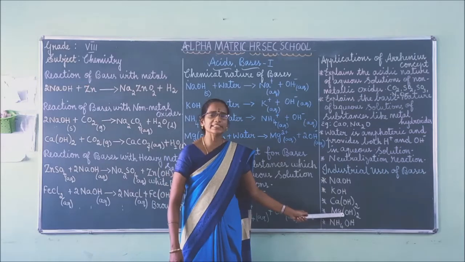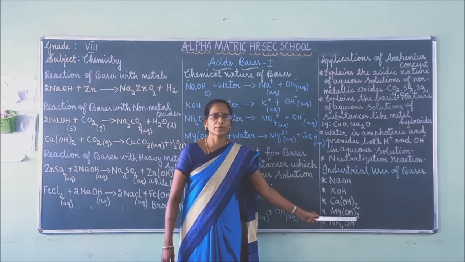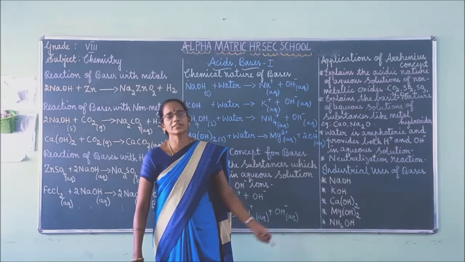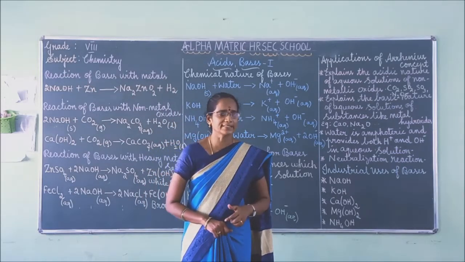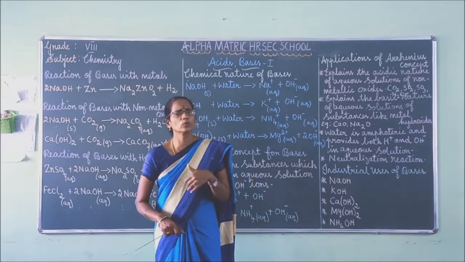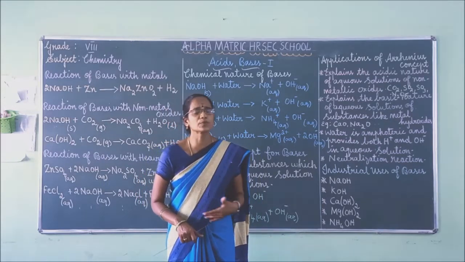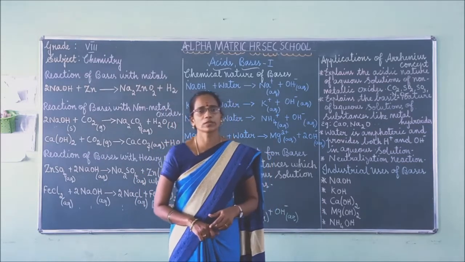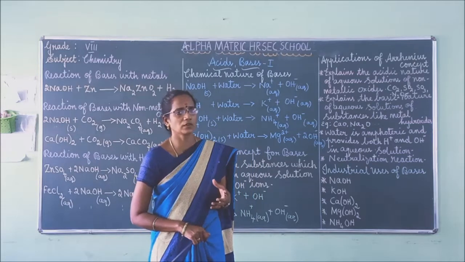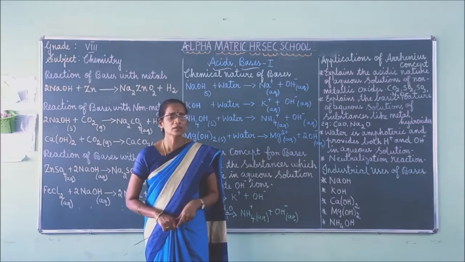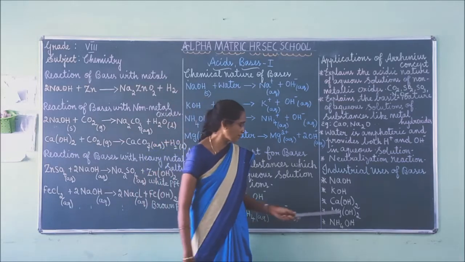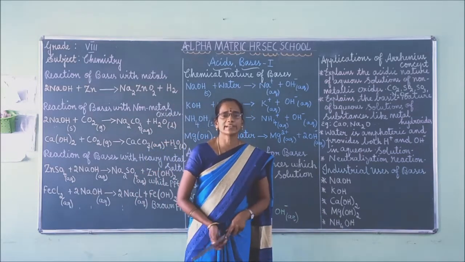Next one is magnesium hydroxide, otherwise known as milk of magnesia. It is an antacid which is used to remove the excess acid present in the stomach. For indigestion, we take magnesium hydroxide. That is why it is called milk of magnesia. Next one is ammonium hydroxide.